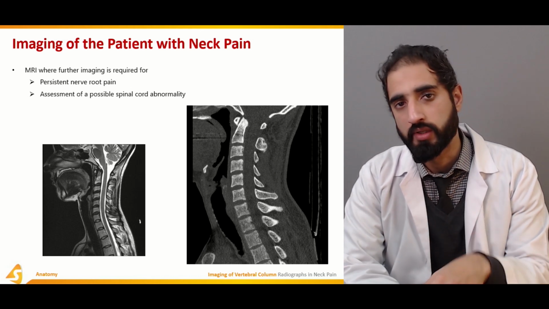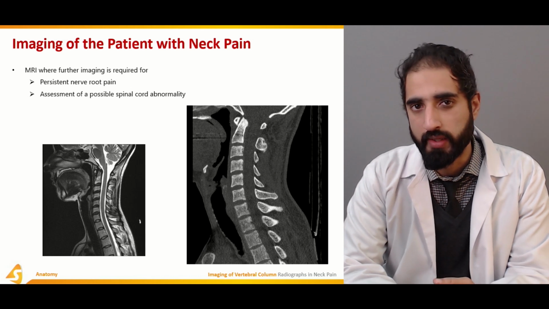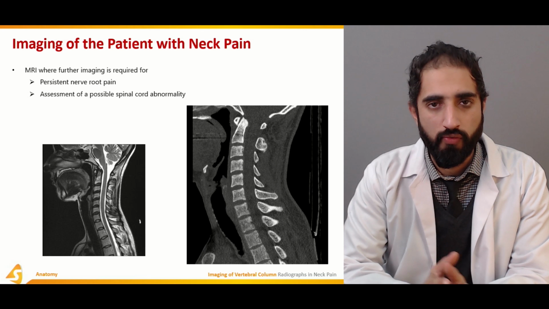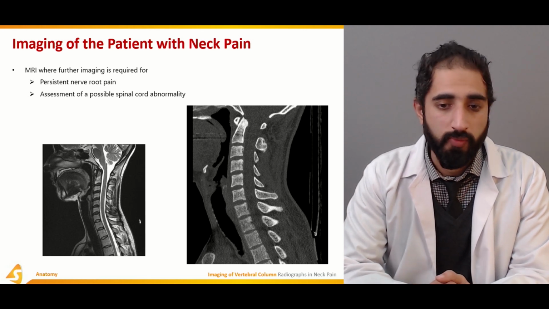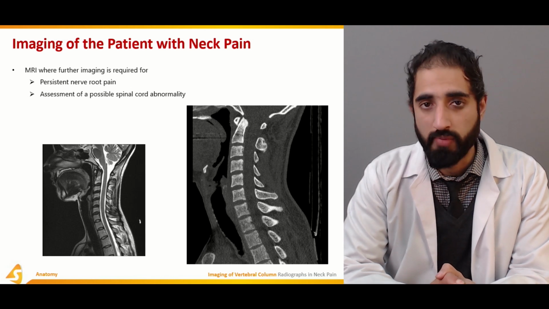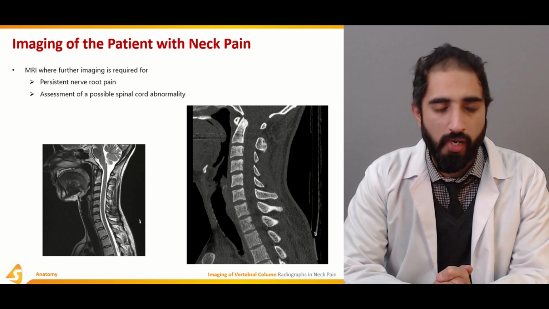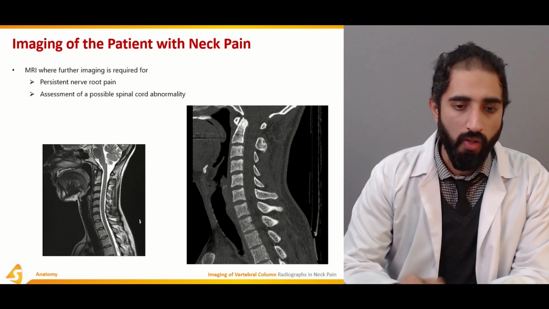So if there is persistent nerve root pain, or we are suspecting radiculopathy or myelopathy or cervical syrinx, for example, we can go for a magnetic resonance imaging scan. And similarly, assessment of a possible spinal cord abnormality, as already mentioned in terms of a cervical syrinx, also known as cervical syringomyelia, we can go for that as well.